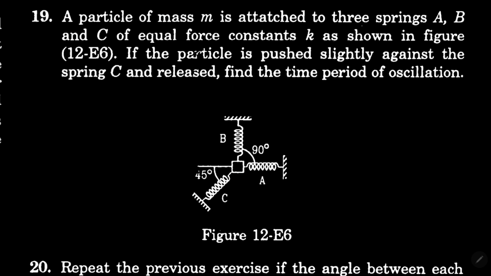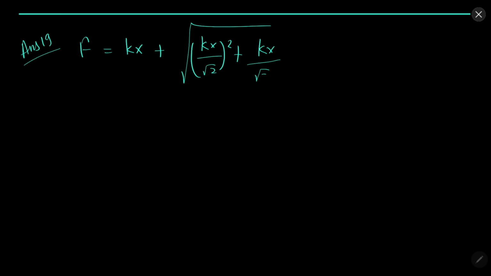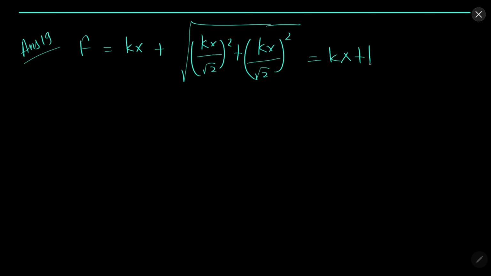In question 19, a particle of mass m is attached to 3 springs A, B, C. If the particle is pushed slightly against spring C, find the time period of oscillation. Solution 19. The resultant force will be kx plus root of (kx over root 2) whole square plus (kx over root 2) whole square, which will give us kx plus kx, 2kx.